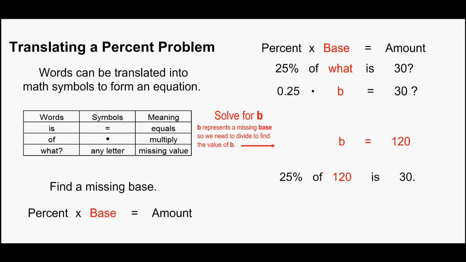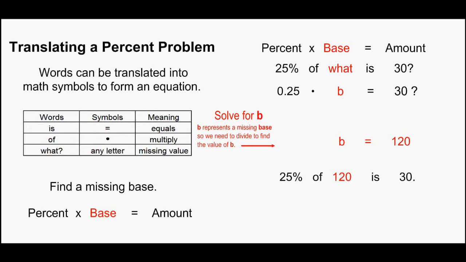Let's use translation to solve a percent problem with a missing base. We will translate 25% of what is 30. 25% translates into 25 hundredths. Of is multiply. What is the variable B representing our unknown base?